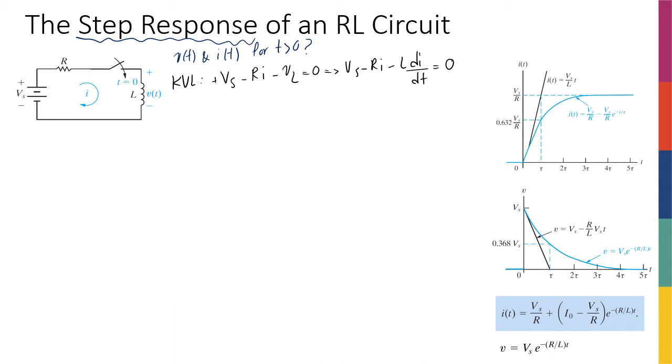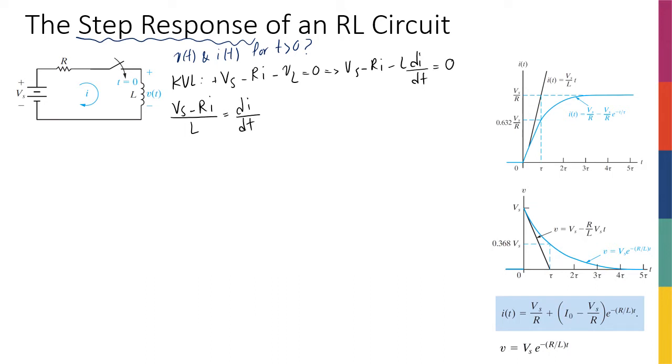So basically, if I take the L di over dt to the other side and then bring the L to the denominator of this side, I'm going to get Vs minus Ri divided by L is going to be di over dt.